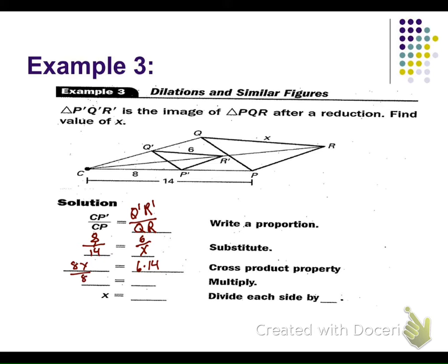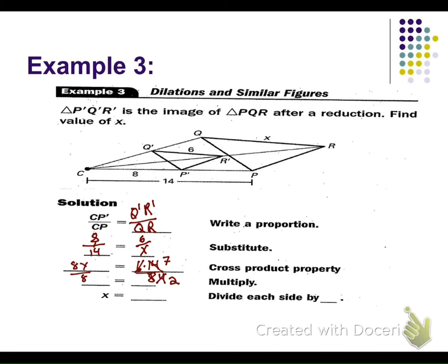I'm going to divide by 8. 8 goes into 6 times 14 evenly? No. So I'm going to take out a 2. So 2 goes into 8 4 times. 2 goes into 14 how many times? 7. And then 2 goes into 4 how many times? 2.